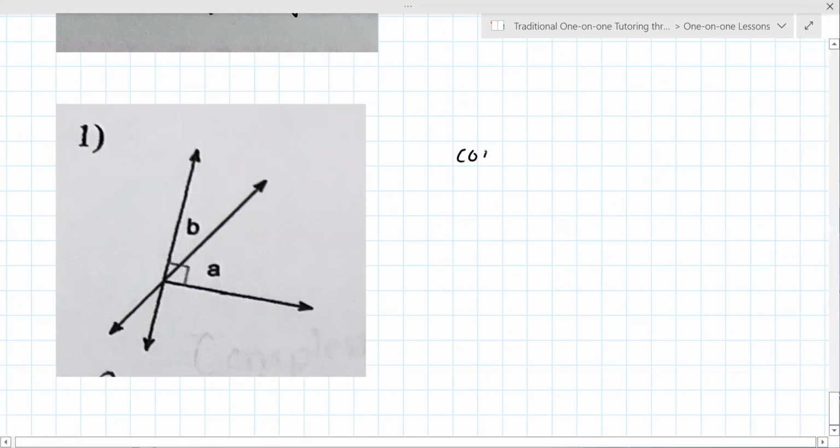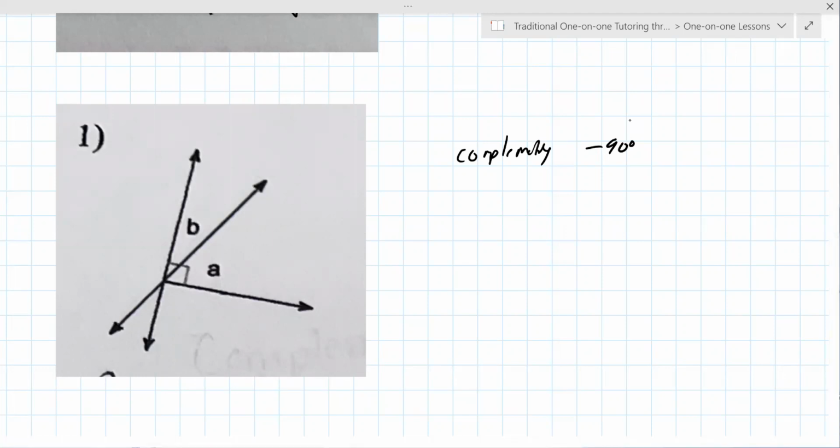So you have to know that complementary means 90 degrees. And yes, that's true. So number 1 is completely correct.